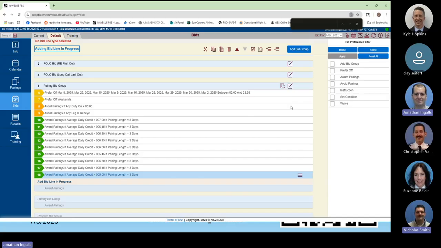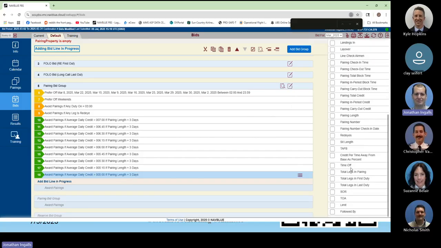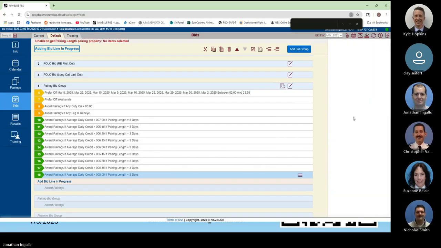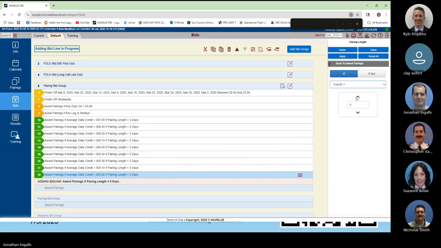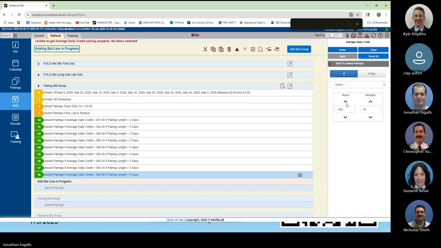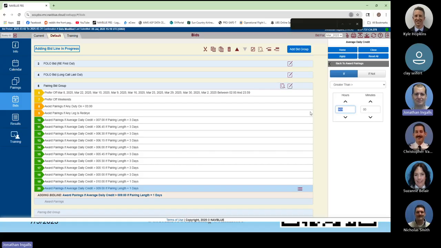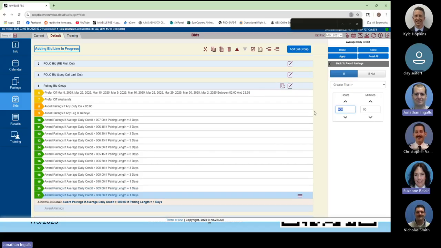What's left? So then below that, award pairings. Let's go pairing length exactly 1 day. And we should shoot for efficiency, right? Always. Amen to that. 10, 9. And if you want to be more specific than this on your bid, you obviously can.